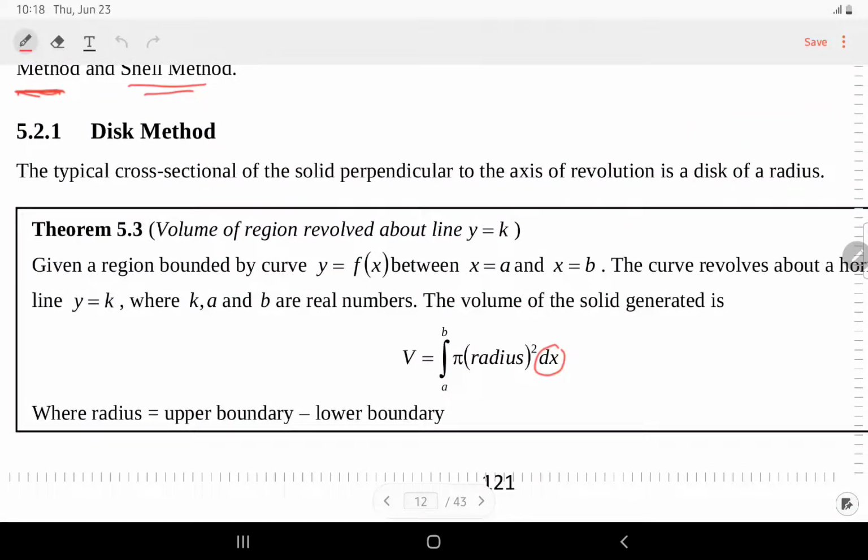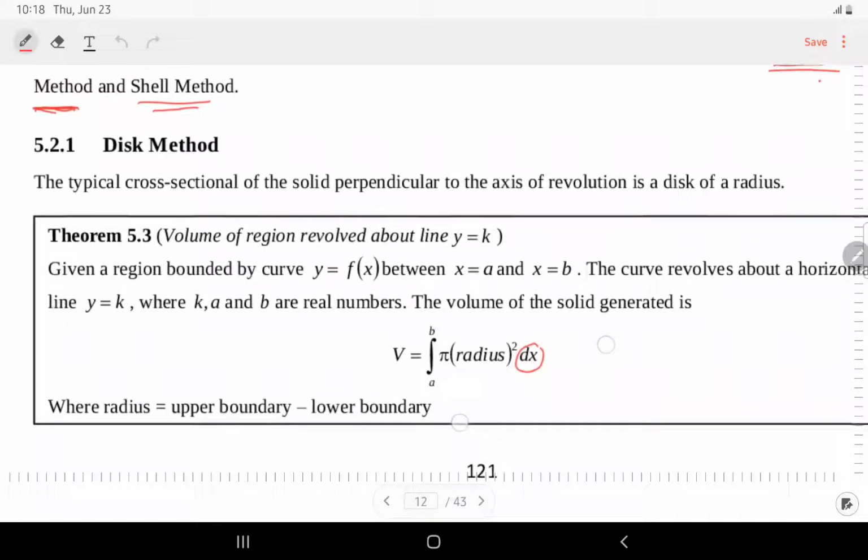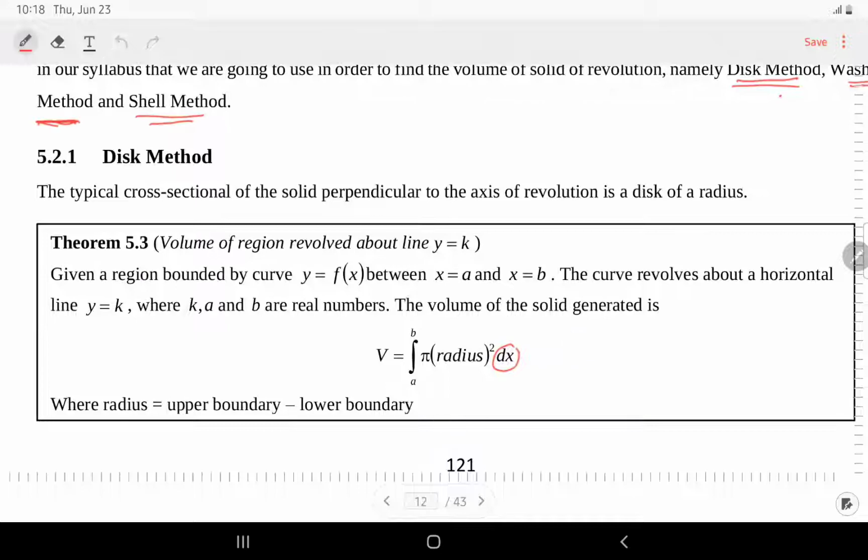First, for theorem 5.3. Given a region bounded by a curve between A and B, the curve revolves 360 degrees about a horizontal line. So maksudnya kalau ada satu function, graph of function, and we have a horizontal line here.